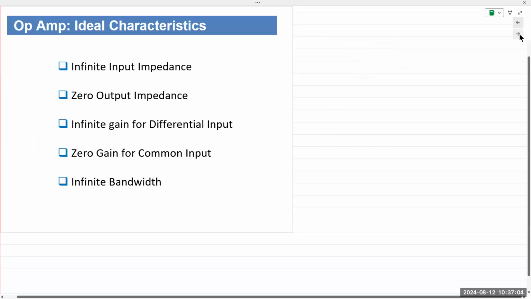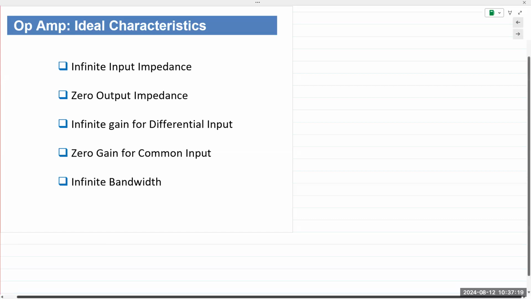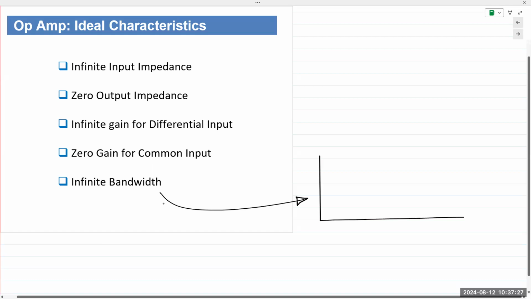Now, again, this is just a recap of what I wrote earlier. Ideal characteristics of an op-amp: infinite input impedance, zero output impedance, infinite gain for differential input, zero gain for the common input, and infinite bandwidth. The bandwidth is kind of important because we use op-amps for filtering purposes.